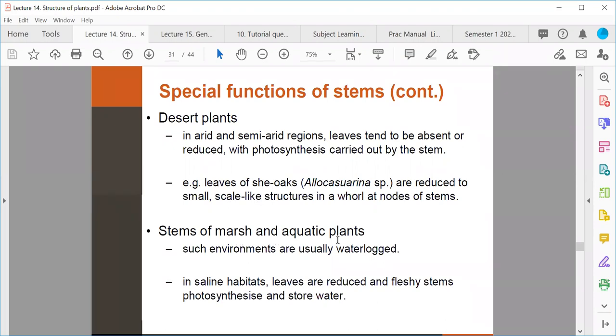Stems of marsh and aquatic plants are also highly specialised because these environments are usually waterlogged, and even in saline habitats, you might find that with some plant species, the leaves are greatly reduced and the fleshy stems instead take over the primary role of photosynthesis as well as storing water.